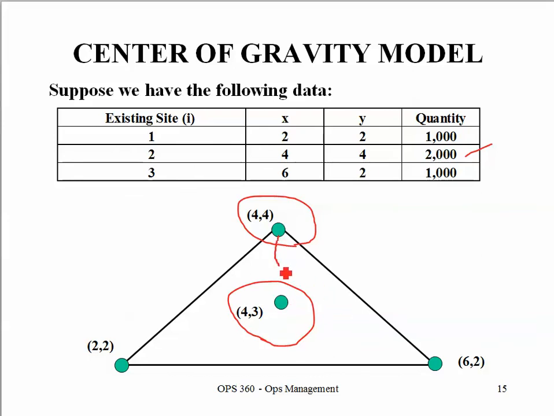So this distance should be the smallest compared to the distance between my new facility and existing sites 1 and 3, where I expect to be shipping less material. And we can see that is indeed the case. The new proposed facility right here, at 400 miles east and 300 miles north of the reference point, is closest to existing site 2, much closer than it is to either the first or the third existing site.